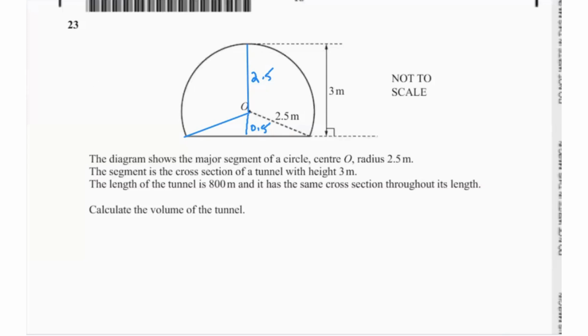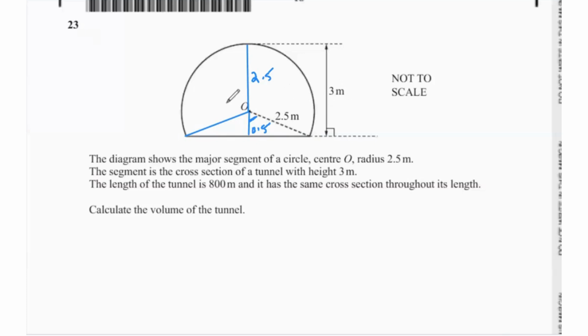If you look at the division that I've made, we have this triangle over here, and inside this non-right-angle triangle we have created a right-angle triangle as well, where the height is 0.5 and the hypotenuse is 2.5. Using this information, we can first find this angle, and that will help us in finding the area of the segment.